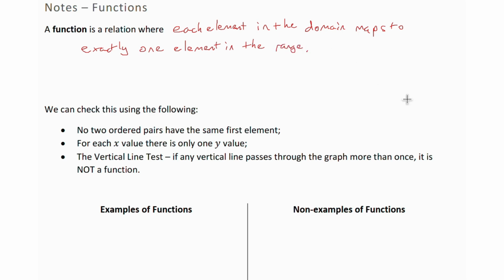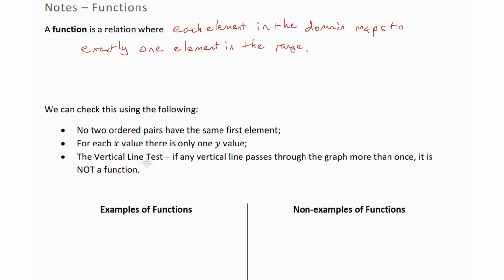And what that means is that if we have an element in the domain, we know exactly which element in the range it's going to go to. So we're not going to have examples where there's an element in the domain that goes to lots of different values in the range. It's fairly easy to check for this.